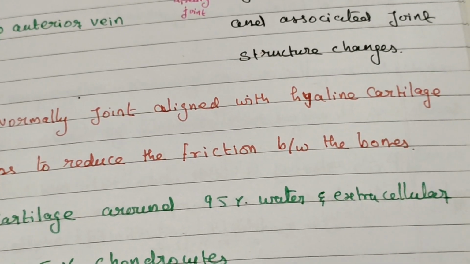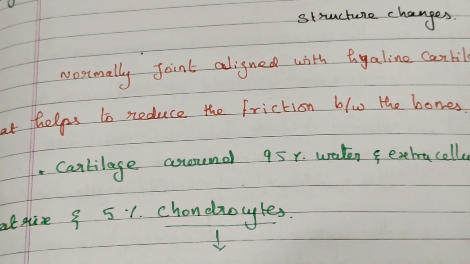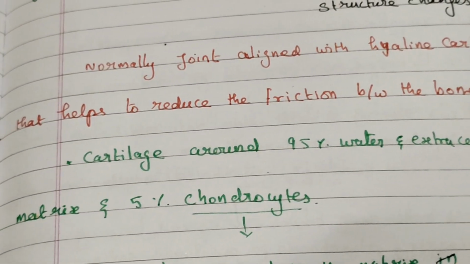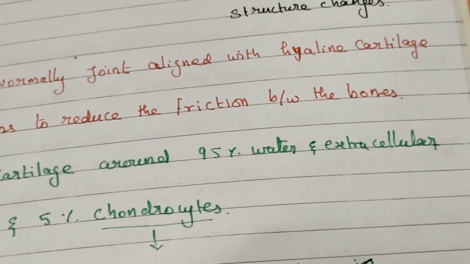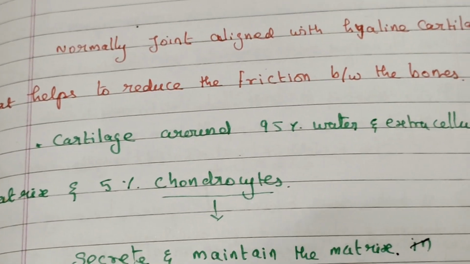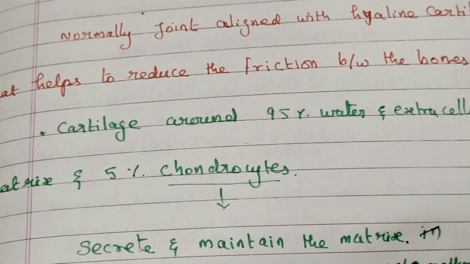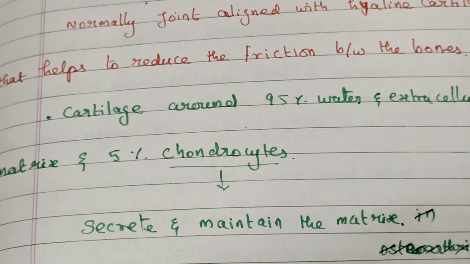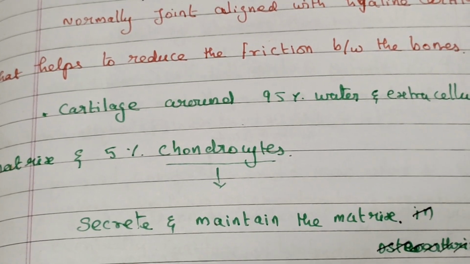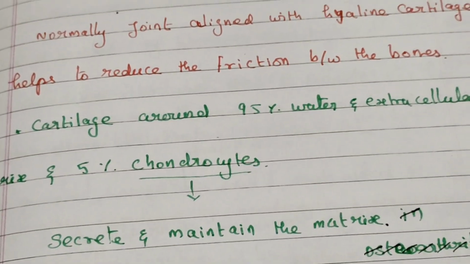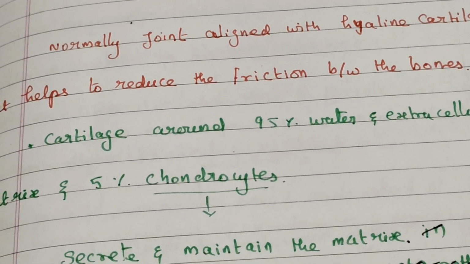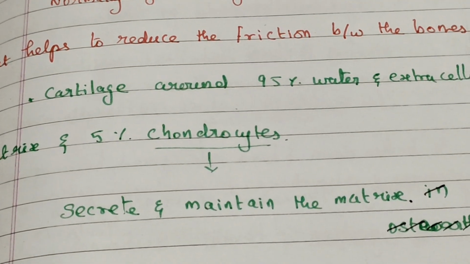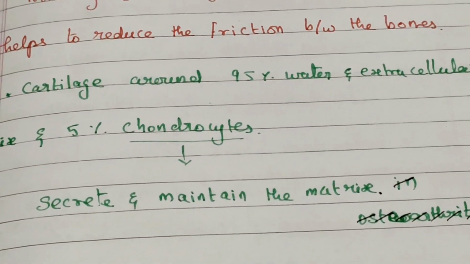It reduces friction between the bones. Cartilage is around 95% water and extracellular matrix, and 5% chondrocytes. These chondrocytes are the cells that secrete and maintain that matrix.